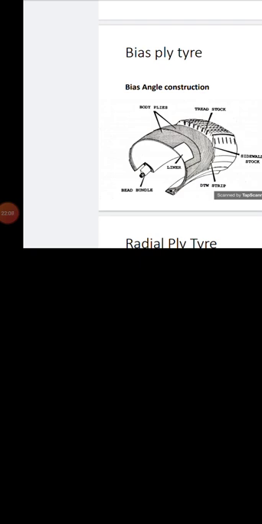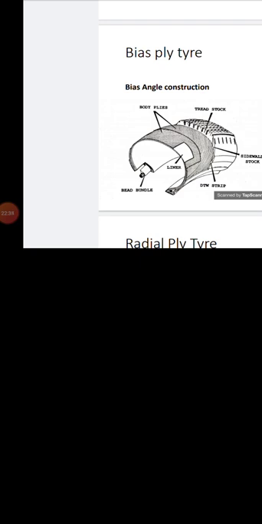In a belted bias tire, the tread stability and reduction of wear result in near about 50 to 60% improvement in tire running compared to the bias angle type of construction tire.